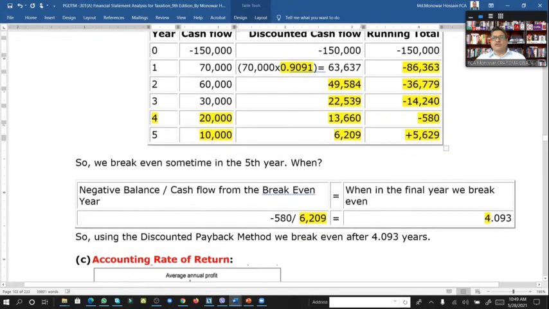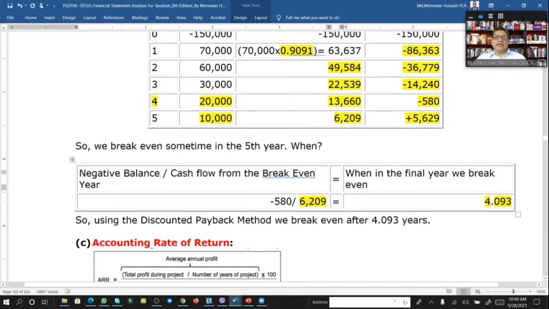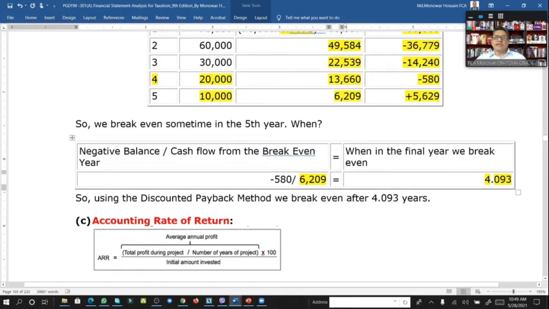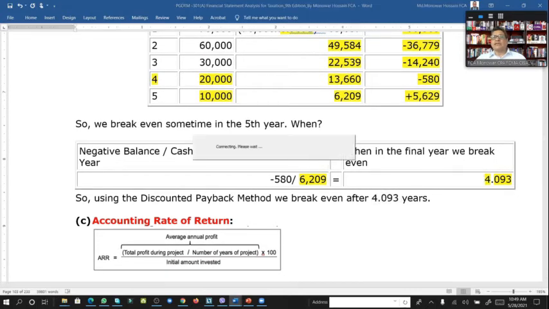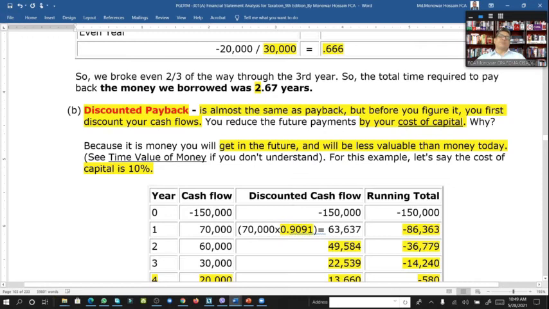So 0.093 is the fraction period, and the total break-even is in 4.093 years. So 4 years plus. This is the discounted payback period.